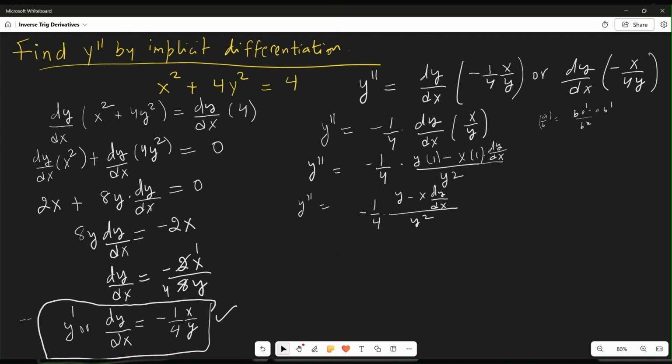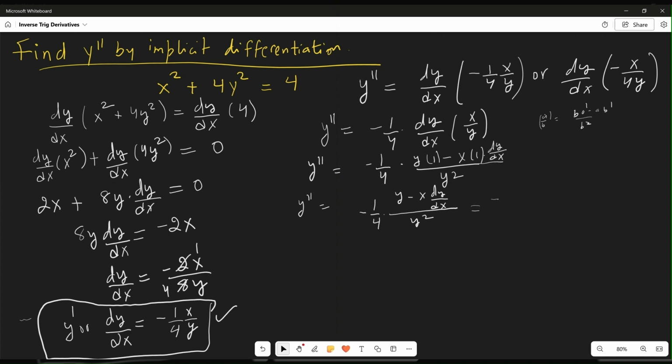Let's just simplify this expression now and see where we end up. Let's multiply this negative 1 over 4 so we can simplify better. Oh, right.